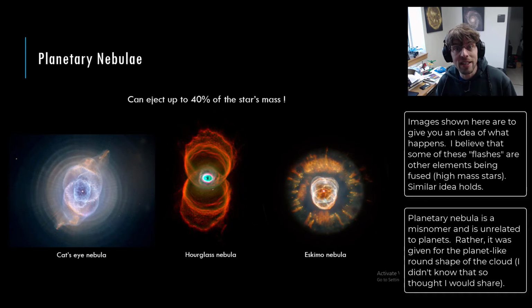Right? What was our ingredient list to form a star in the first place? A cloud of gas. What we have during this helium flash process is a star producing a new cloud of gas. It's cosmic recycling. This is awesome.